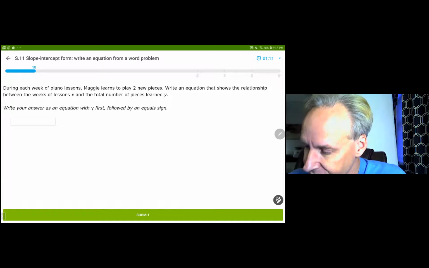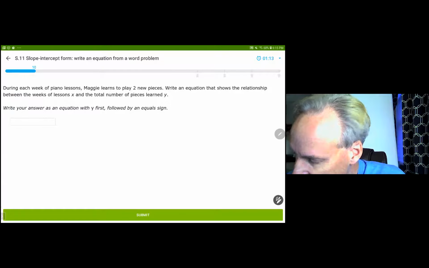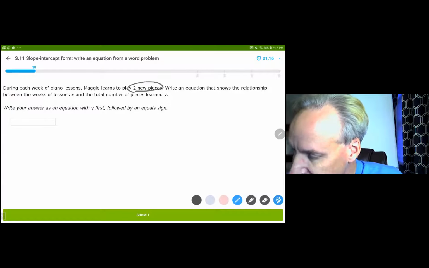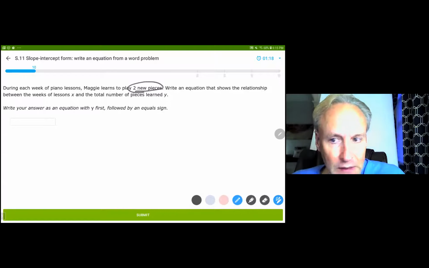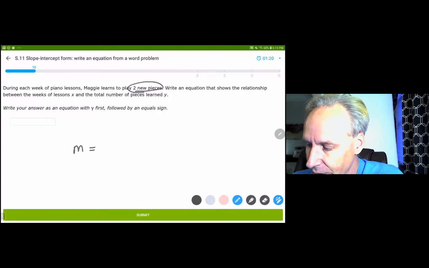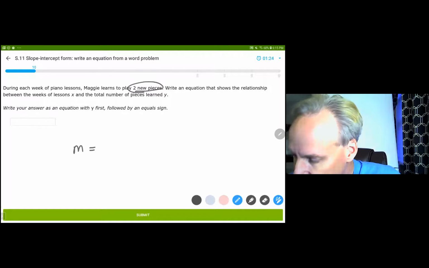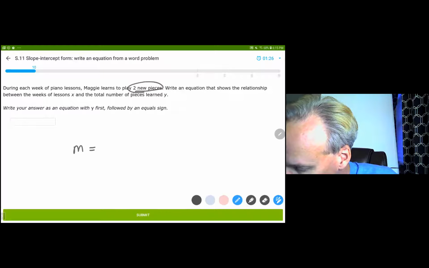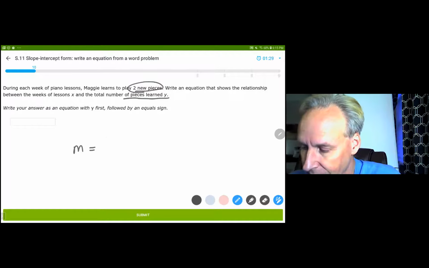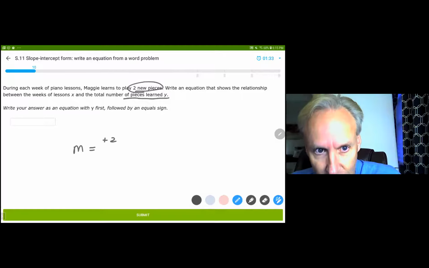So of course, if she's learning 2 new pieces each week, this is called a rate of change. A lot of people know this as slope. Slope is equal to the change in Y, and the Y values are the number of pieces she's learned. And the change is she learns 2 new pieces for each week that goes by.